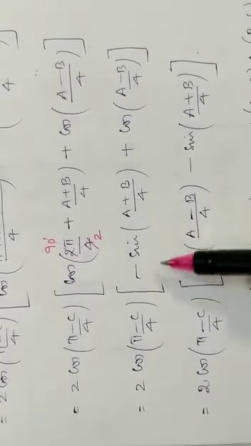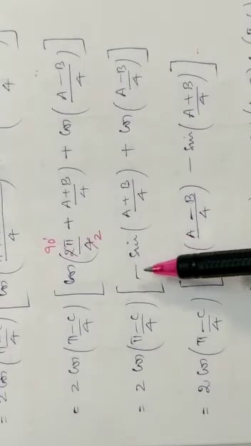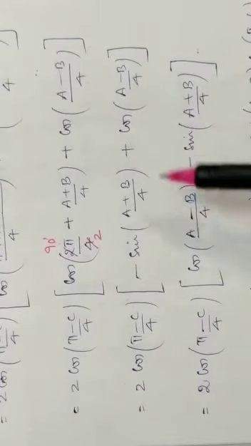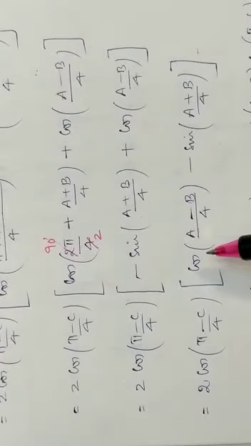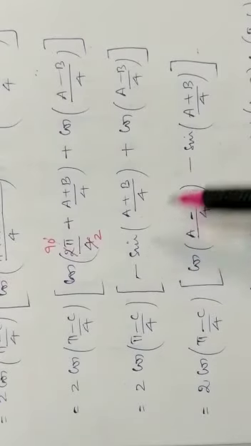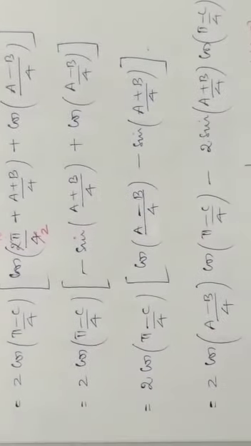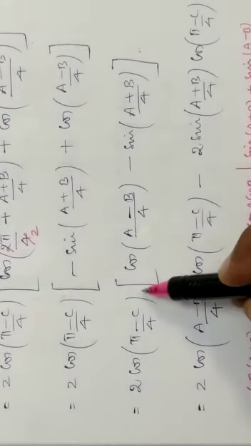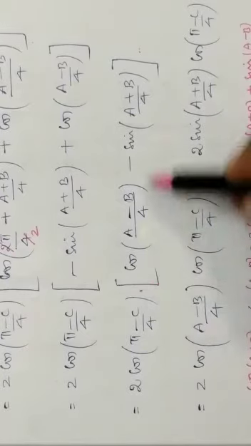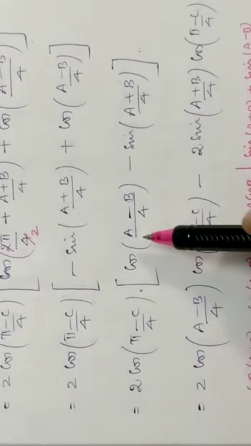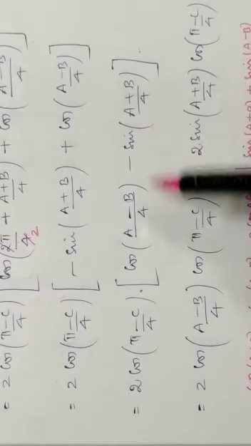Here in the bracket one term is negative, the other is positive. So I have written the positive term in the beginning, later the negative term. Next, it is multiplication in between, so multiply this term inside to both the terms.